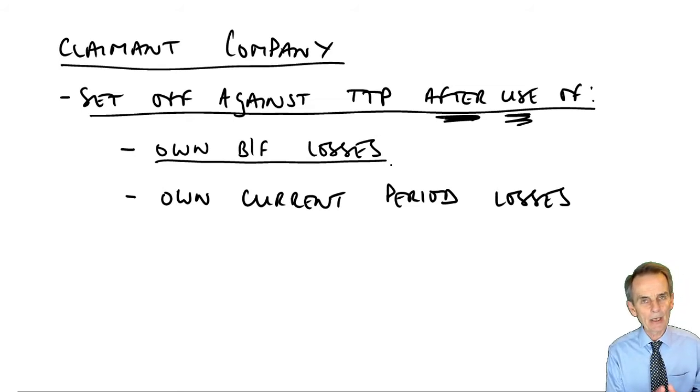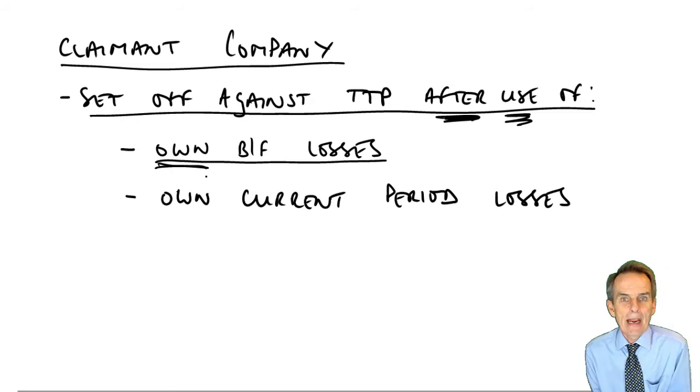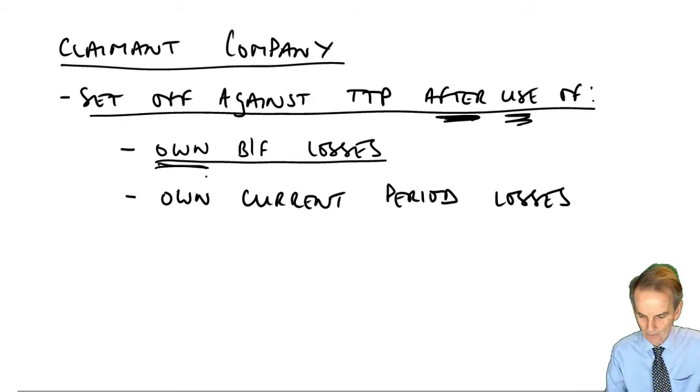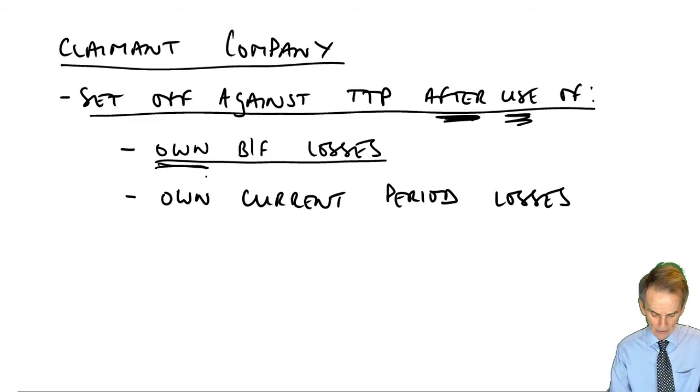That TTP will firstly be reduced by that profit-making company's own brought forward losses. It may be that it is now a profit-making company, but previously it may have been a loss maker and it has its own brought forward losses. They will presumably and probably be trading losses, but they could be trading and or property business losses that we're talking about.